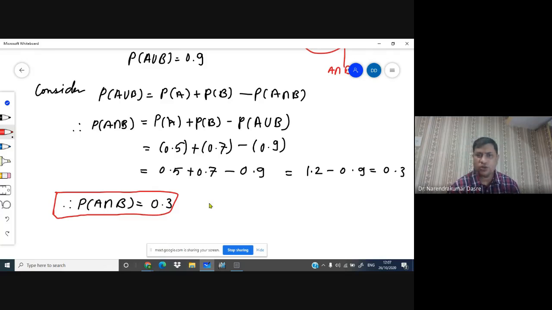The most important rule that we need to understand is that probability is never greater than 1. Always keep in mind that any probability will never go more than 1. And if it is a null event, then we get 0. Otherwise the value is always between 0 and 1. So I hope you got this example.